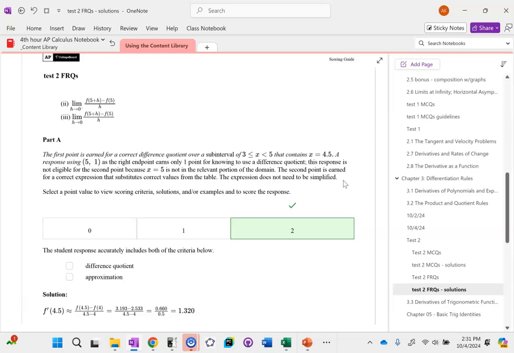On the calculator section, it might say use your calculator to solve for blah, blah, blah, where they expect you to do the calculus pieces with your calculator. We haven't talked about how to do any of that stuff yet, but that's pretty common also. And there they're looking for the setup and then what you type in your calculator and then the number coming out. But that's a different story. Does that make sense?